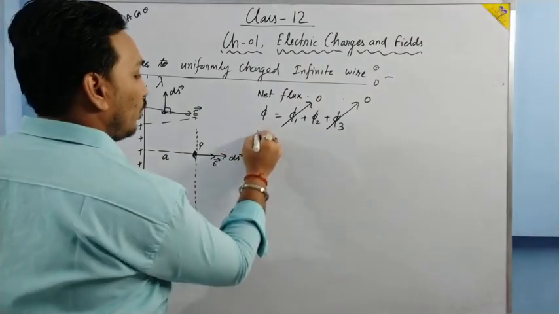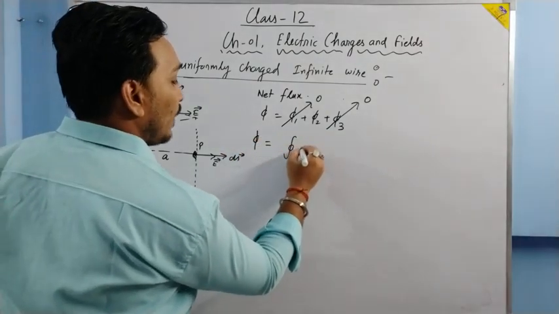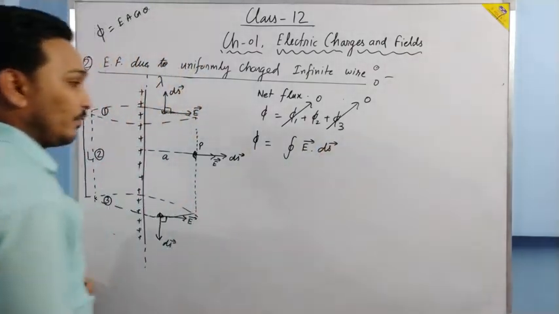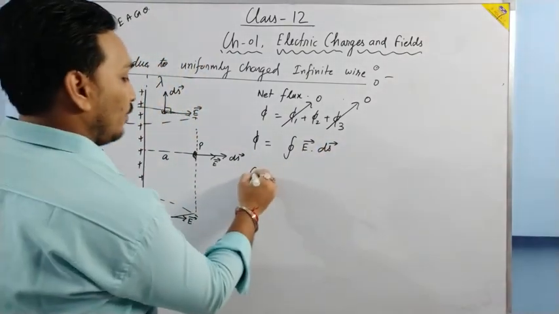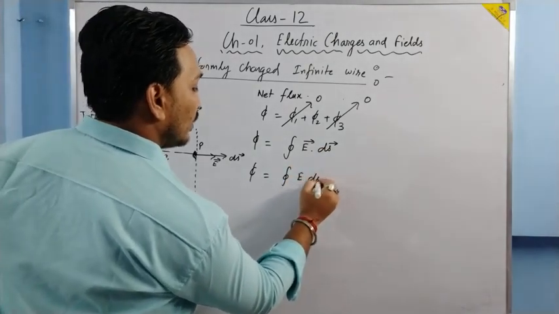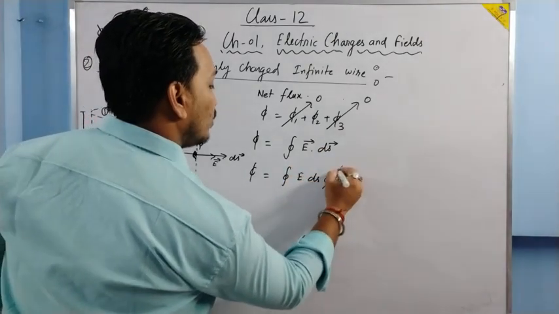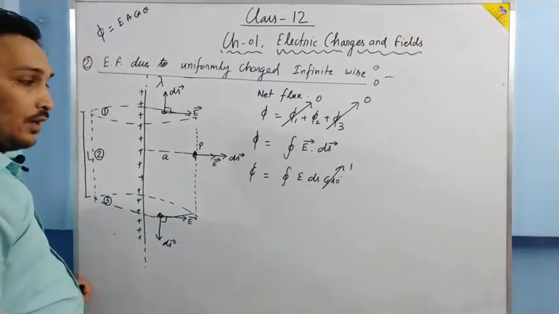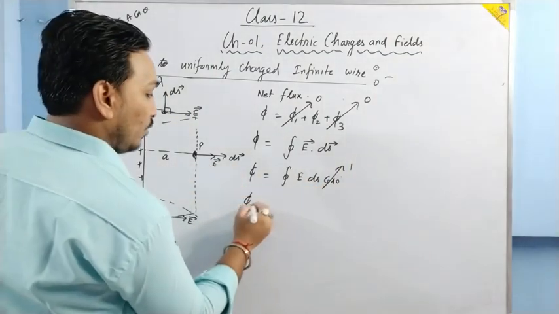For phi 2, what are we going to do? We are going to surface integrate E vector dot dS vector. Then phi will be equal to E dS cos 0 degree. Cos 0 degree is 1. Why have I put 0 degree? Because they are in the same direction. Now phi is equal to what?